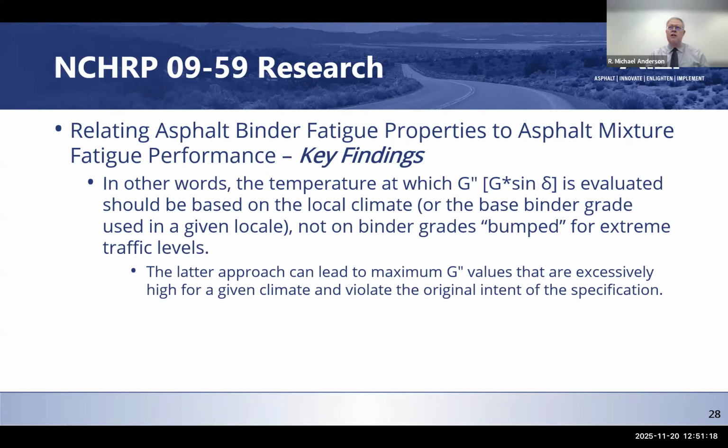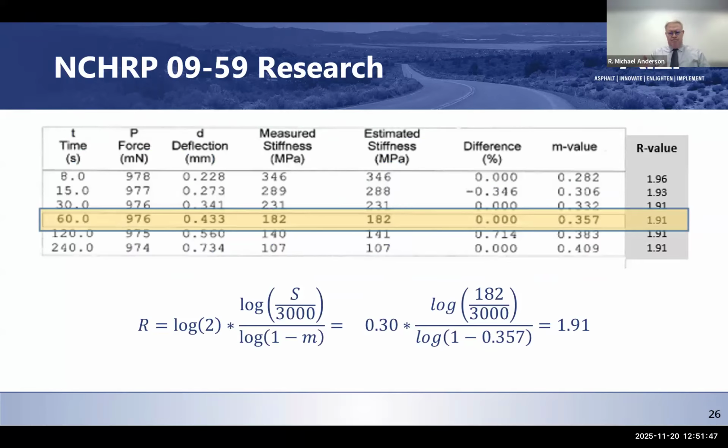It's the same test. As far as R value goes, the way that they recommend it in the 959 research is they're saying get R value from your BBR data. So again, in this case, you're already getting stiffness and m-value from the BBR. You're just going to take S and m and plug it into that equation and calculate an R value. I showed it there in the gray column to the right.